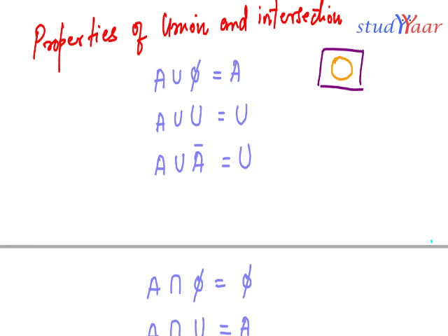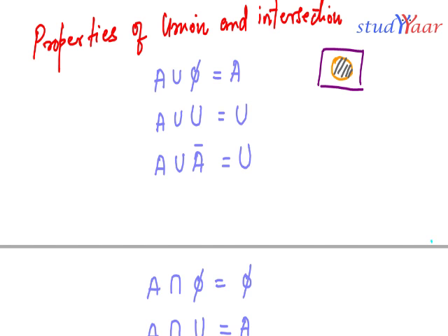My empty set is lying outside of this universal set. So the union is obviously going to be A itself. It is this region, because it is empty set or A, which is equal to A itself.